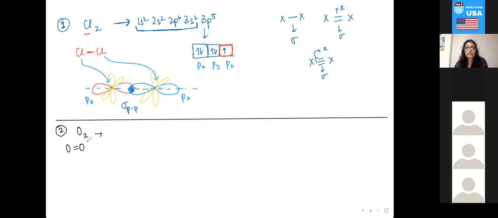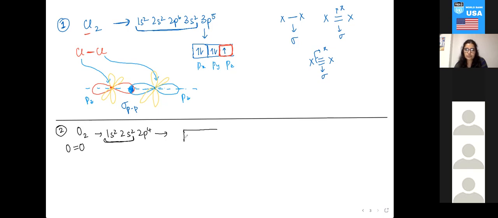Electronic configuration of oxygen: 1s2, 2s2, 2p4. Let's ignore the filled ones and focus on the 2p4 part of it.